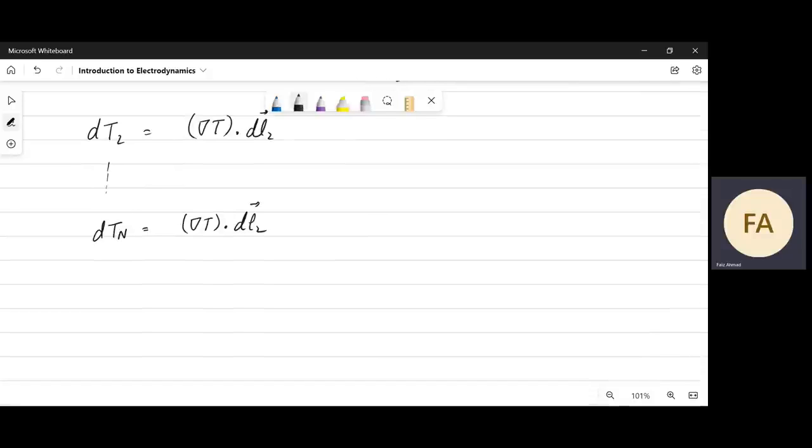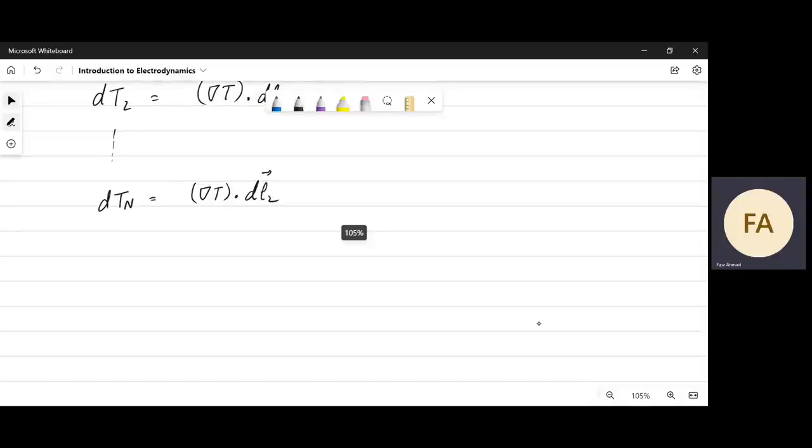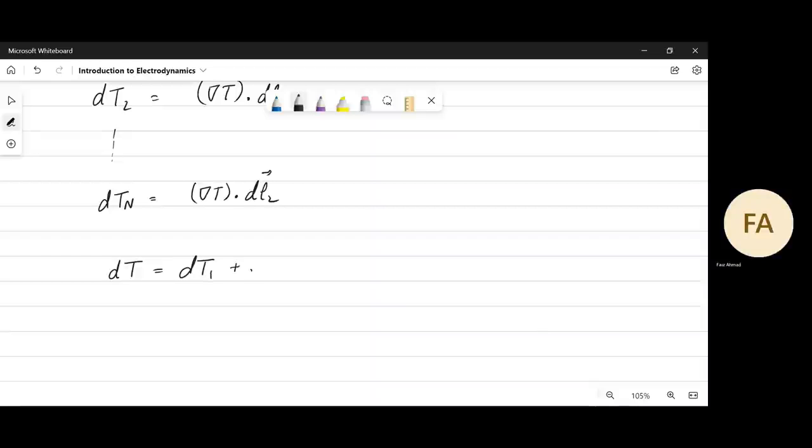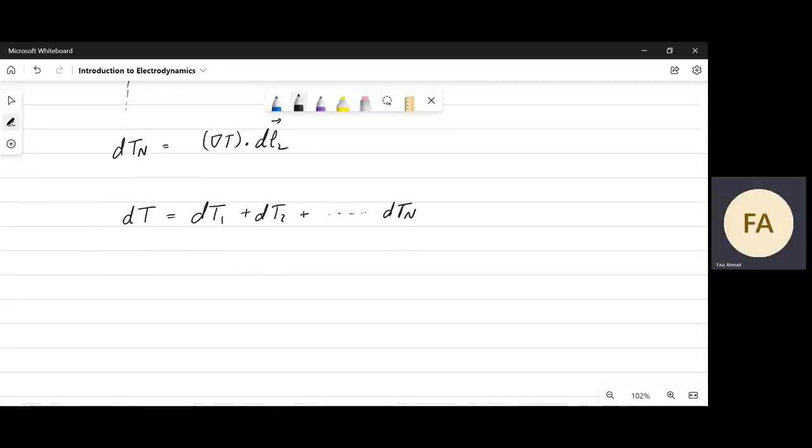So if I want to find the total or net change from A to B, I have to add all the changes. Say dT is dT1 plus dT2 plus and so on to dTn.